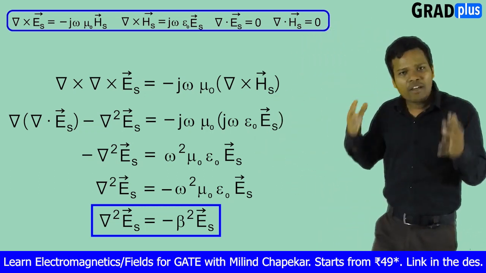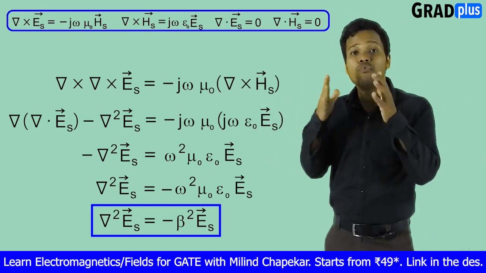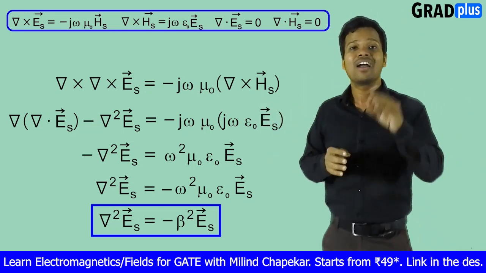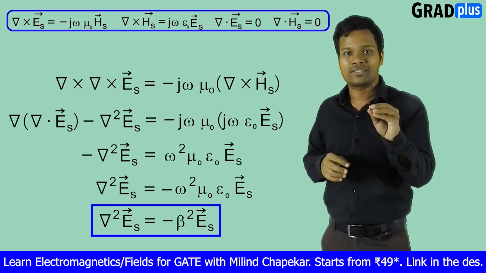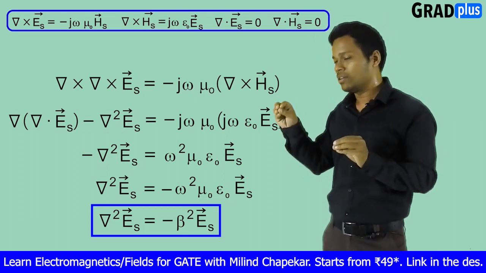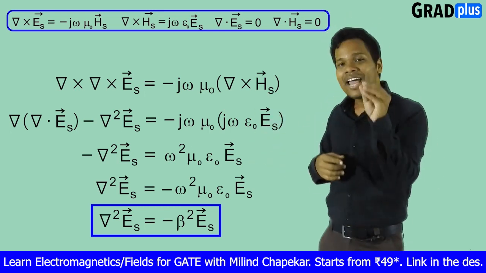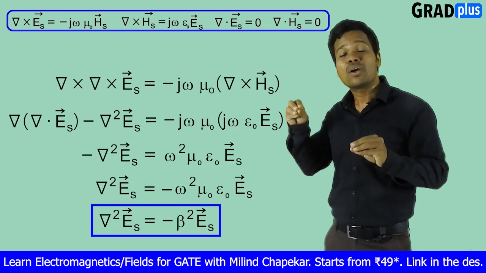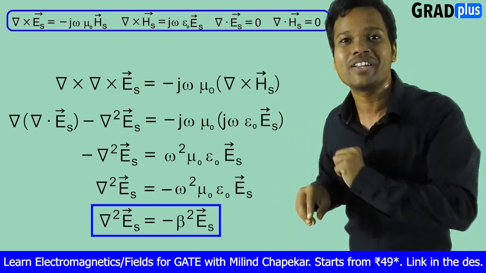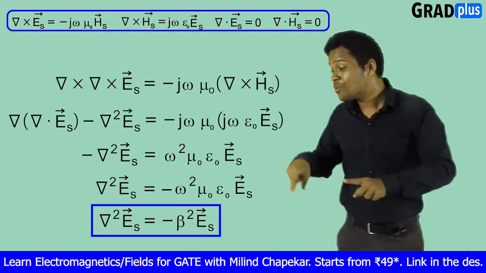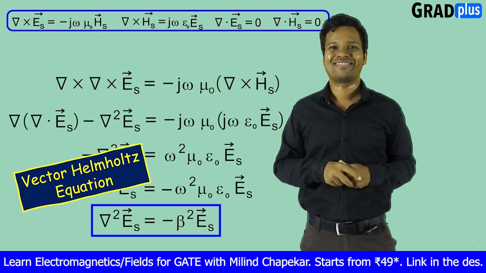So in the very first stage, when you simplify Maxwell's equations, we get this equation, del square E vector in its phasor form, E_s, or I will say just E. So del square E equal to minus beta square E, and this equation is nothing but your vector Helmholtz equation.